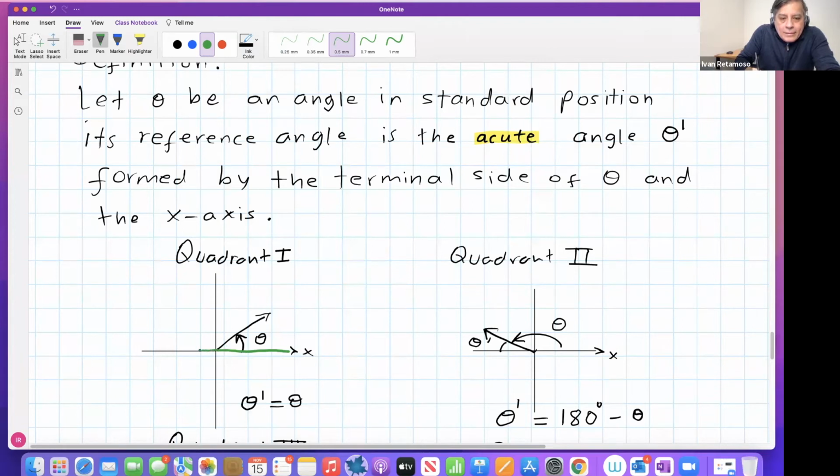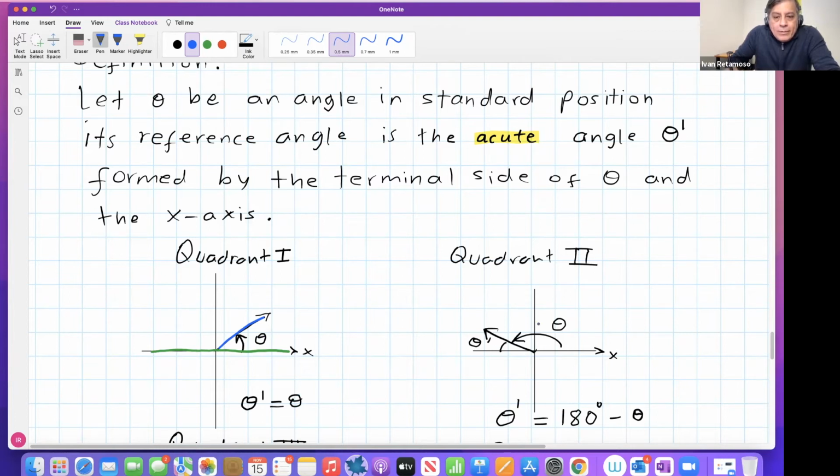This is the acute angle formed by the x-axis and the terminal side. So it's just this angle itself, when the angle is in the first quadrant. So theta prime is theta itself in the first quadrant. No need for a reference angle really, because the angle is already an acute angle, right?